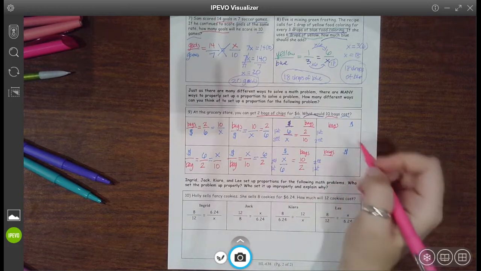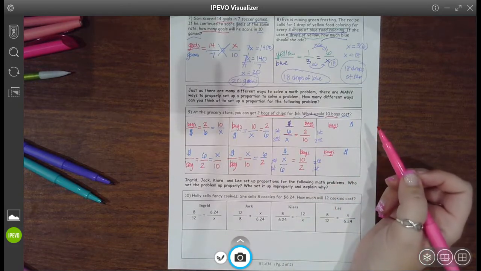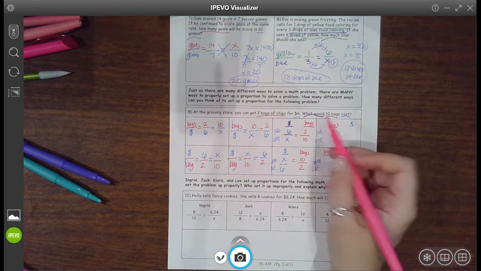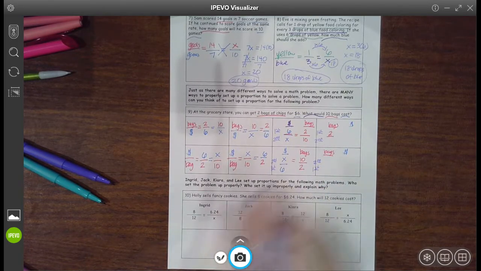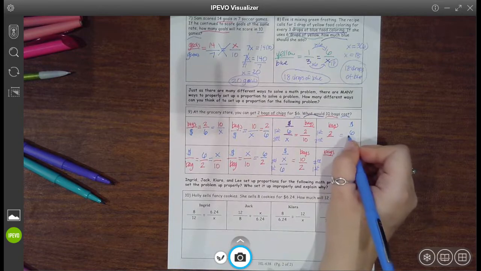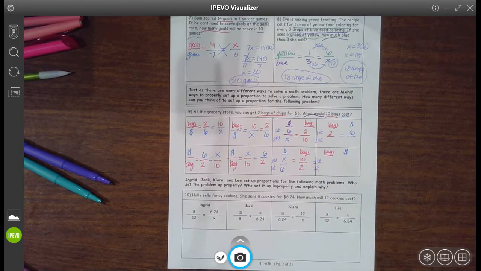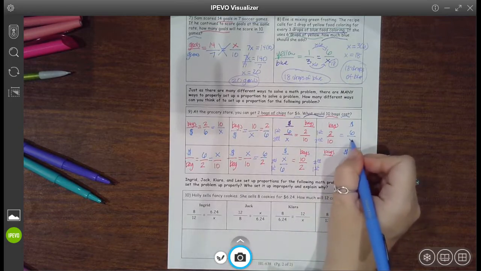So this one would look like, all right, I have 2 bags and that costs me $6 versus if I have 10 bags, we don't know how much that costs.